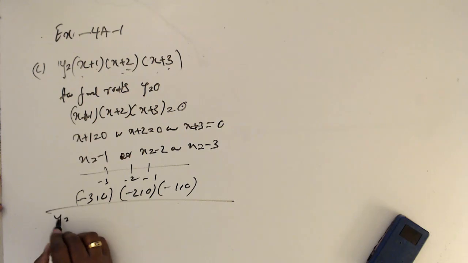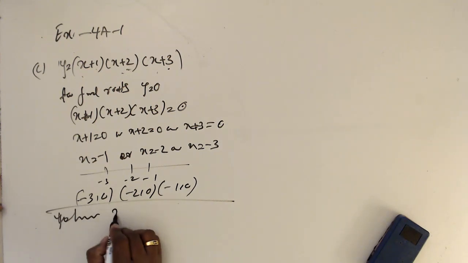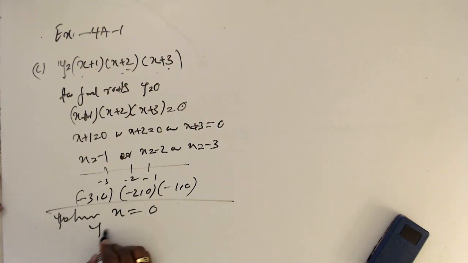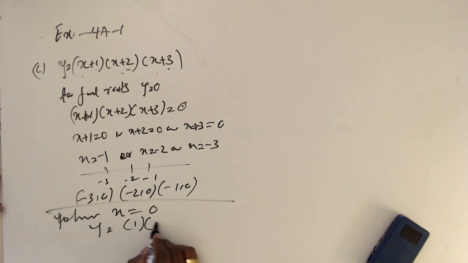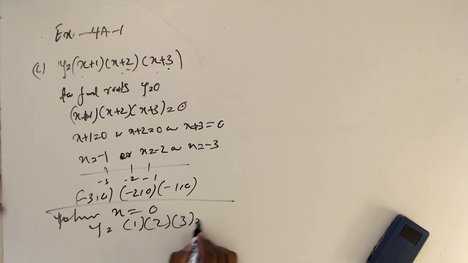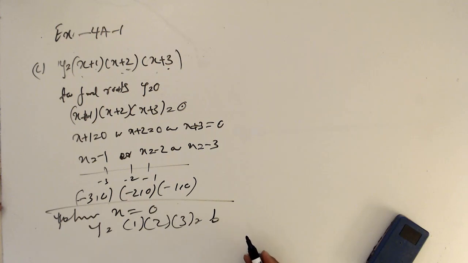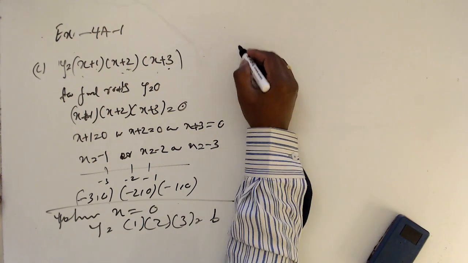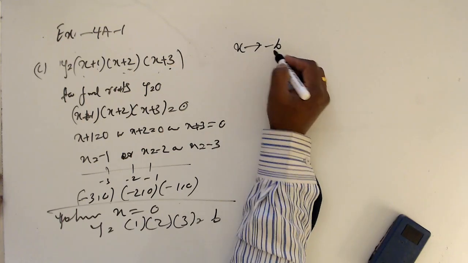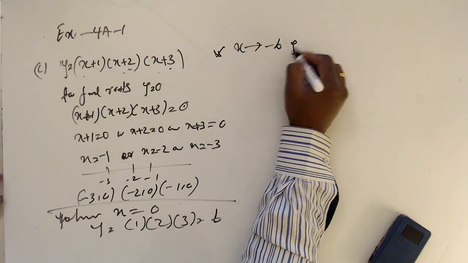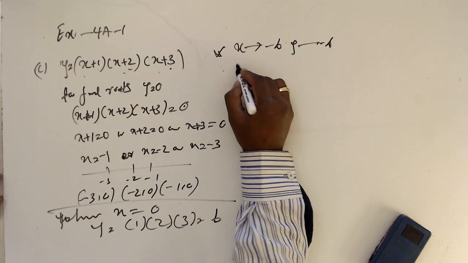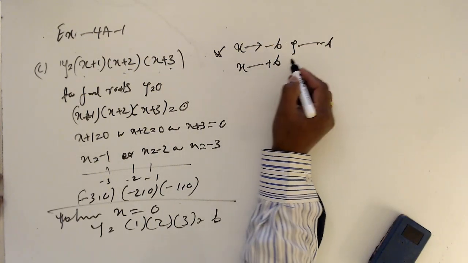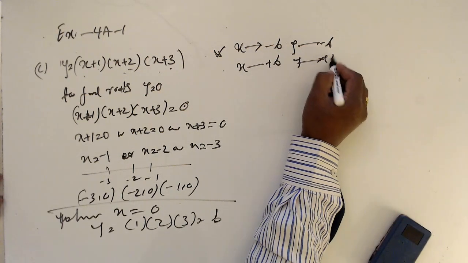Then when x equals 0, y is 1 times 2 times 3, which is 6. As x goes to minus infinity, y goes to minus infinity, and as x goes to positive infinity, y goes to positive infinity.